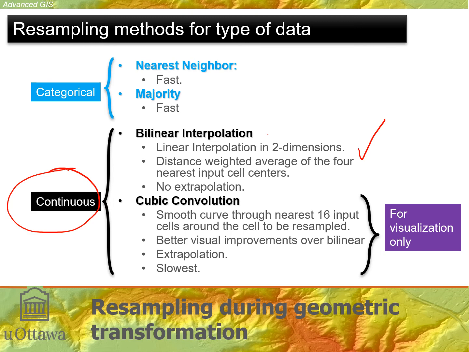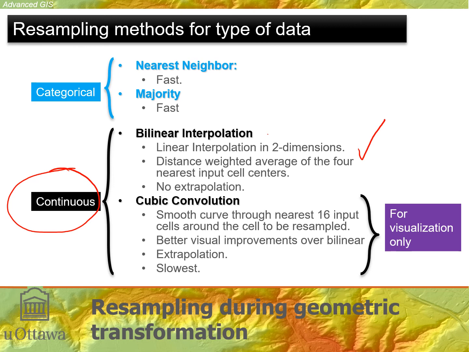Cubic convolution is also appropriate for continuous data, but it's a very special case that you should never use unless you have a reason to use it. That's because cubic convolution can end up extrapolating values above or below the 16 surrounding or the 4 surrounding values. So you could end up with a higher value or a lower value than you might want.